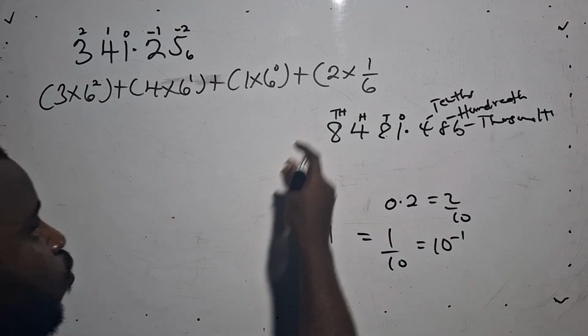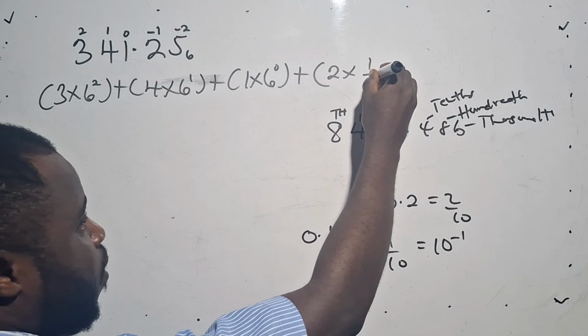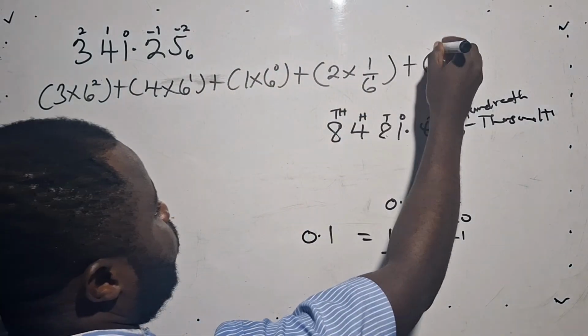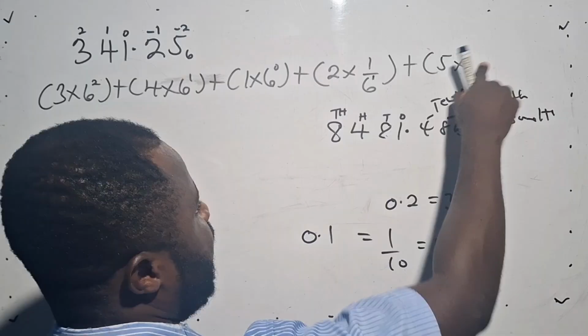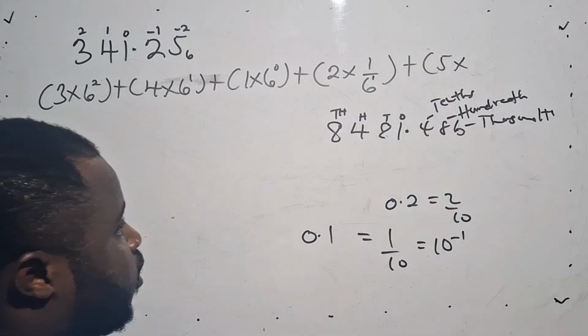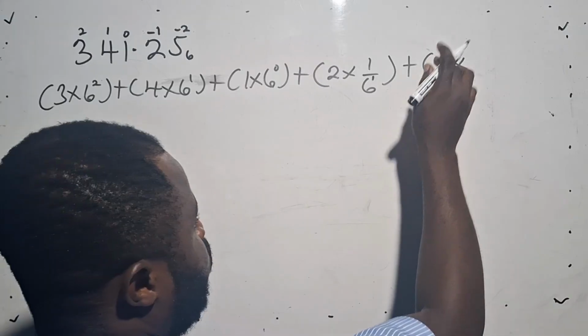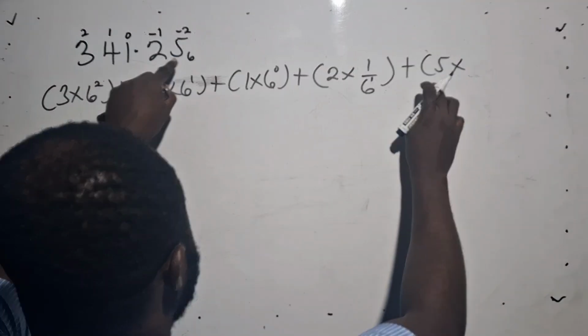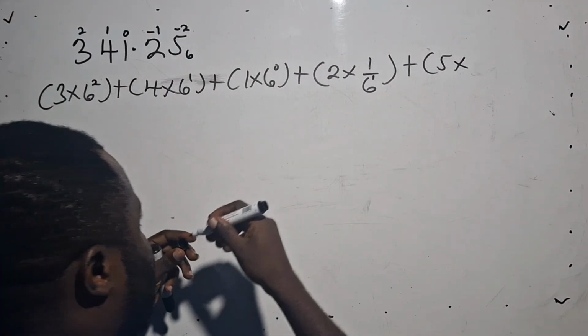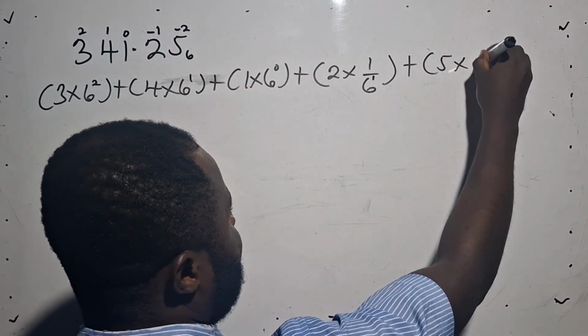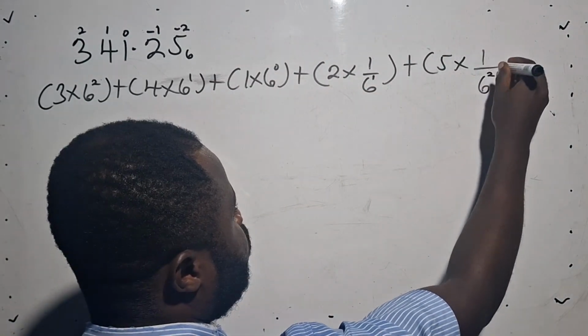Are you okay? So 1 on 6 power what? 1. Then plus 5 times, and this one also is going to give me 5 times. This one is 10, this is 100, but because I'm working with bases, this one is going to give me 1 on 6 power what? 2.